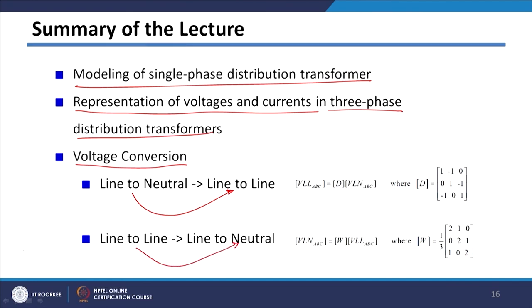And we have seen that for line to neutral voltages to line to line voltages, we have this matrix D, which we derived. D matrix is given by this expression here, and to convert line to line voltages to line to neutral voltages, we have this W matrix, and W matrix is given by this expression here.